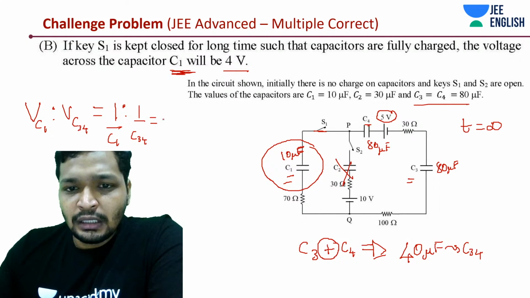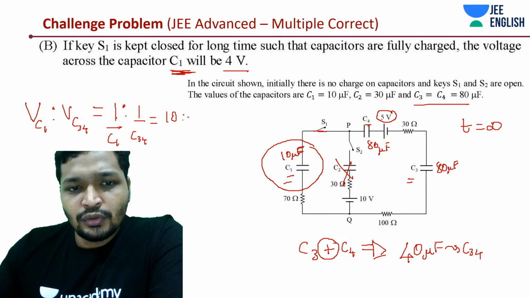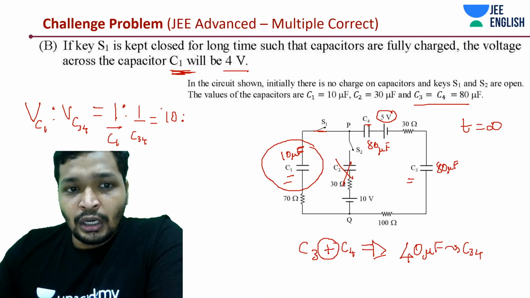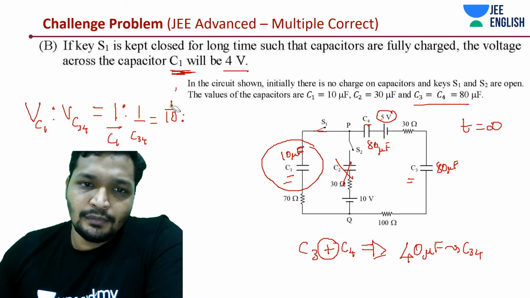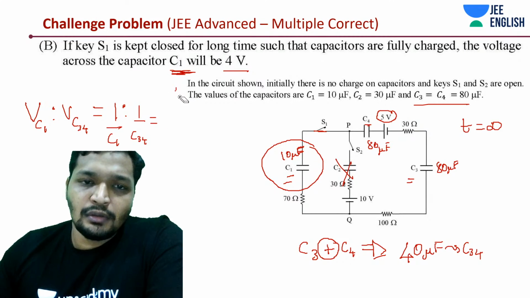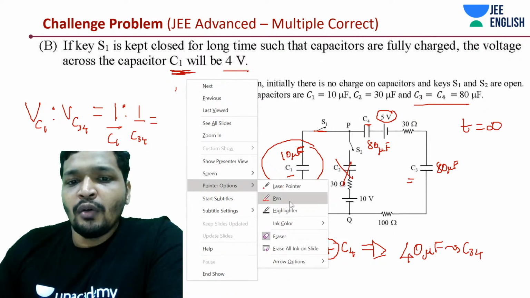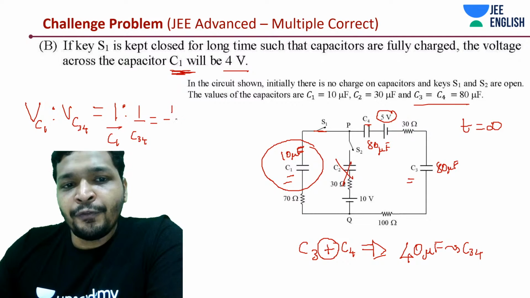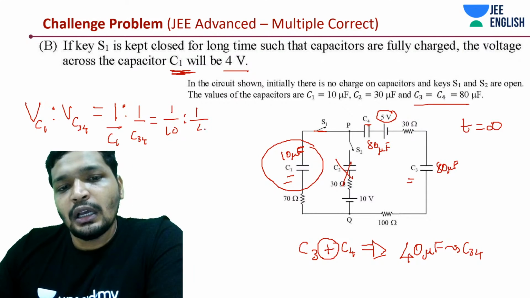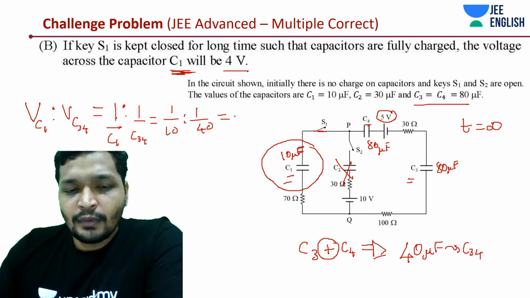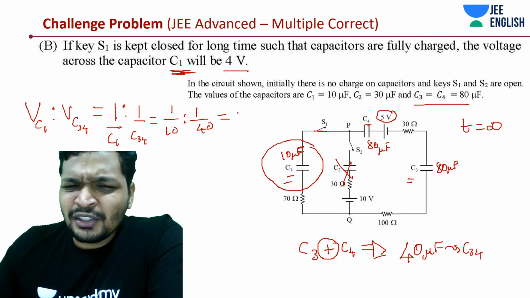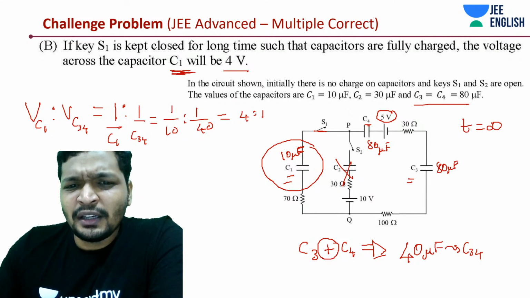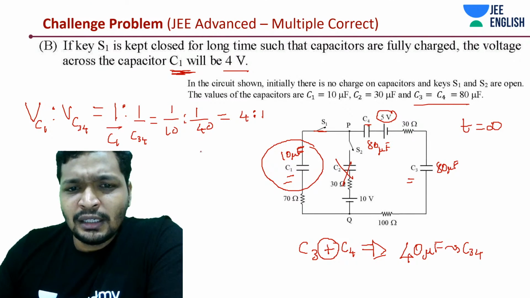How much is that? 1 by 10 is to 1 by 40. That is 1 is to 1 by 4. That is 4 is to 1.